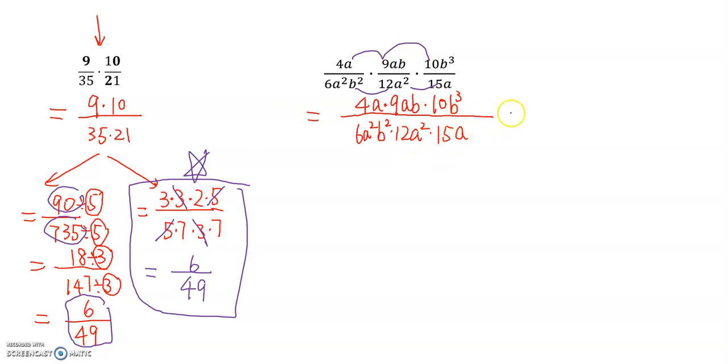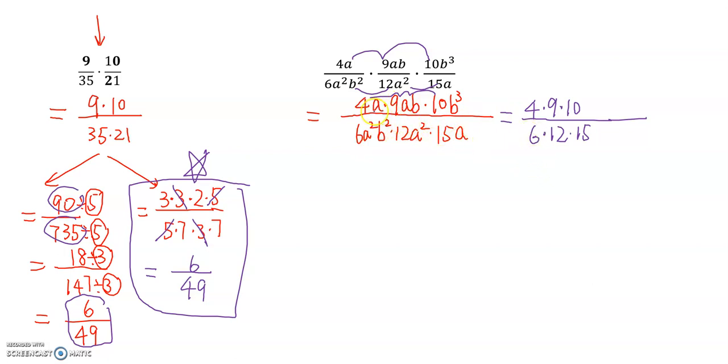So one of the ways we could do it is, first I'm going to put the numbers all together. So 4 times 9 times 10 and 6 times 12 times 15. All I'm doing here is using the commutative property of multiplication, just to switch. So I can put the 4, 9, 10 together and the 6, 12, 15 together.